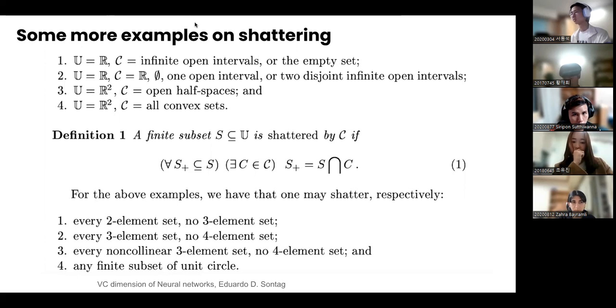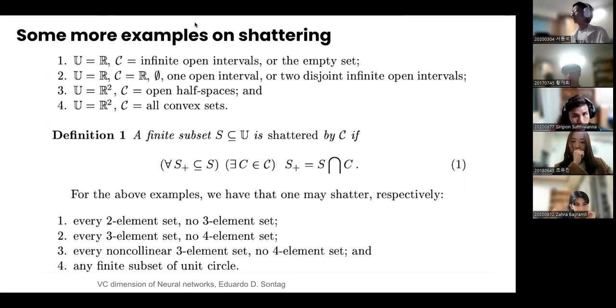Then item 3 is about two-dimensional half spaces. Item 4 is about two-dimensional convex sets. This is a more general class of ranges, and they can, of course, separate more types of point sets than just half spaces, because every half space is a convex set, but convex sets are more powerful.